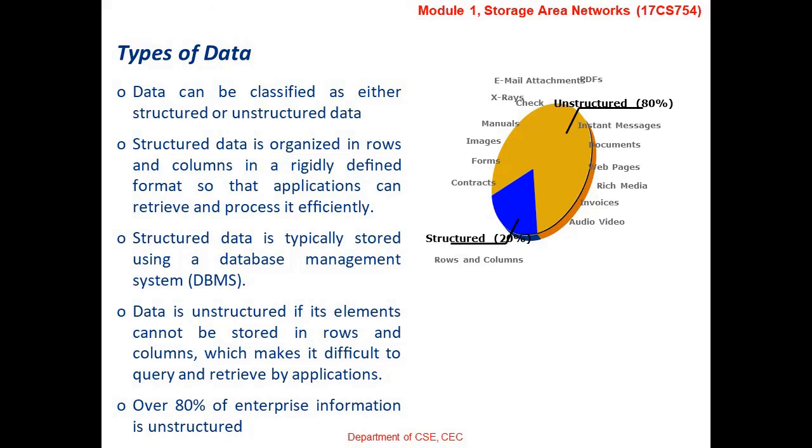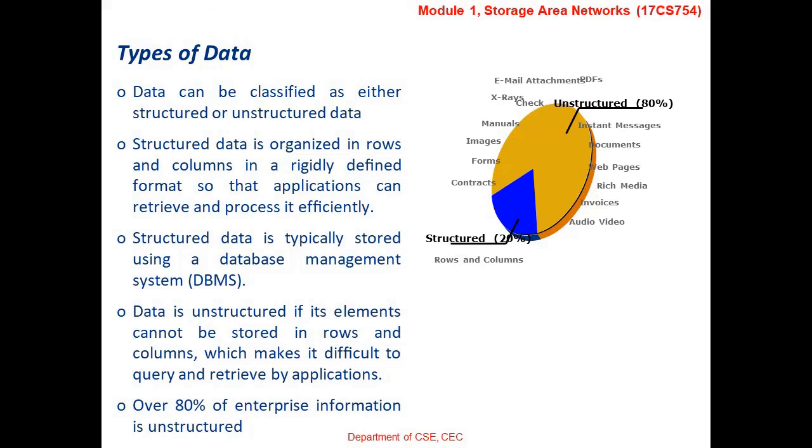So, more than 80% of the data in the digital universe is unstructured data. For a better understanding, let us observe this particular diagram here. So structured data contributes to less than 20% here, whereas more than 80% is unstructured data.